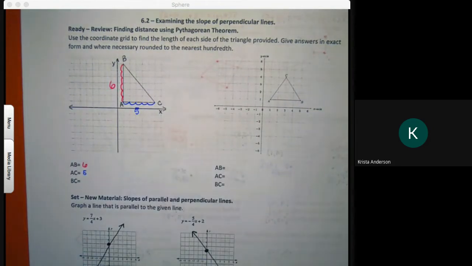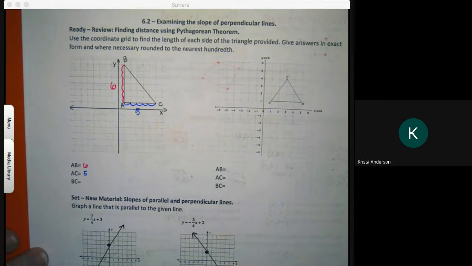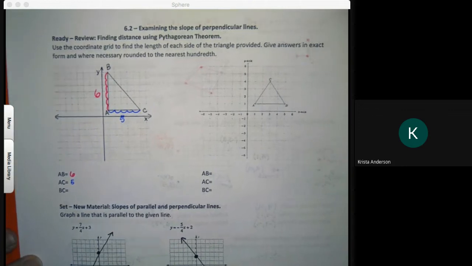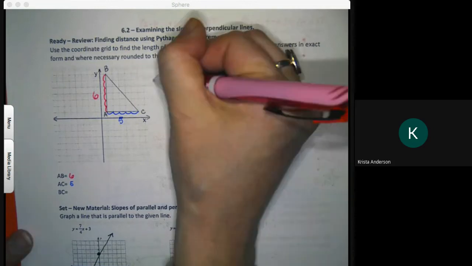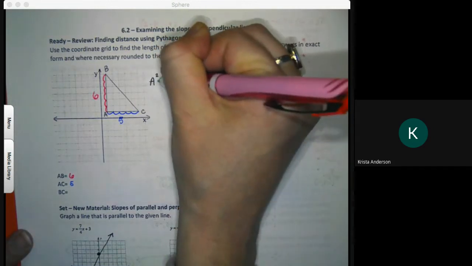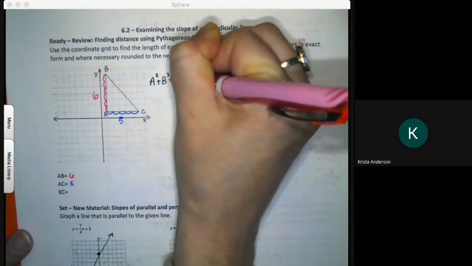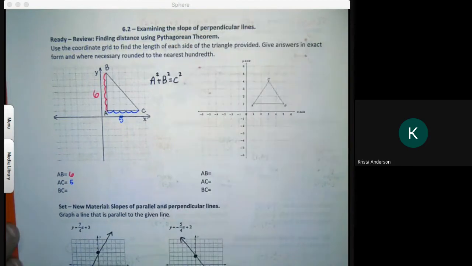Now, to find B to C, does anybody remember what formula we used yesterday? It's called the Pythagorean theorem. What did it say yesterday? A squared plus B squared equals C squared.